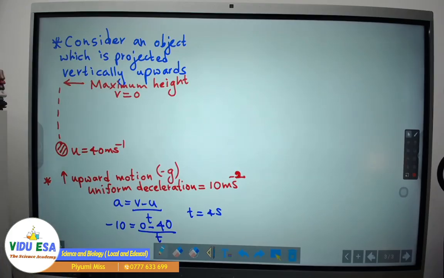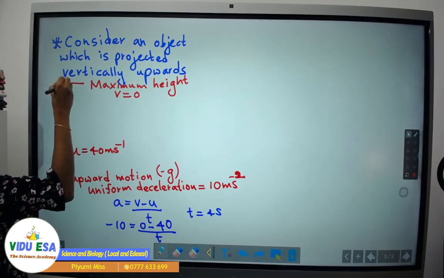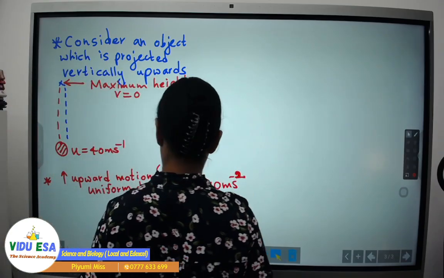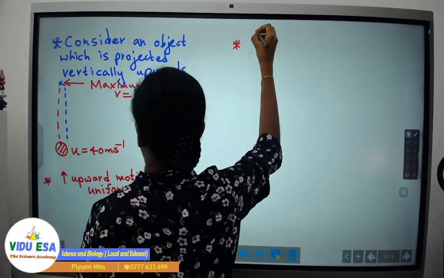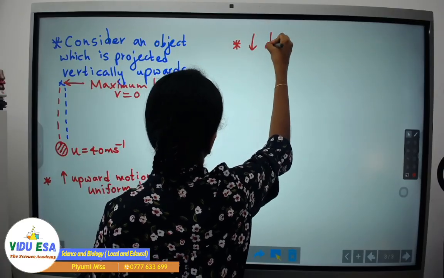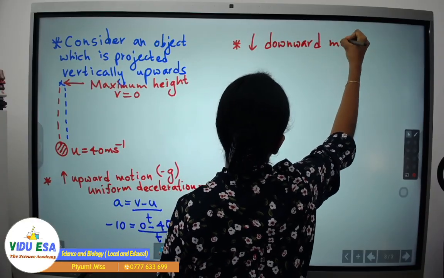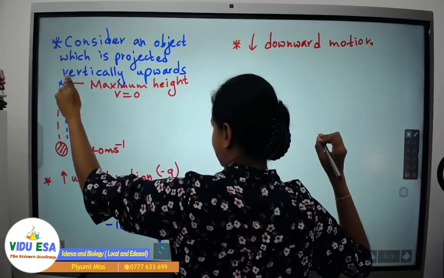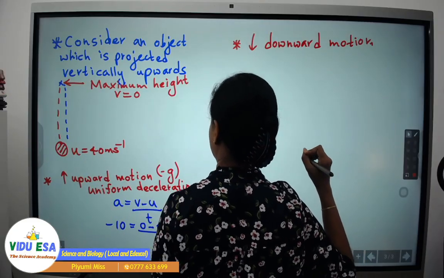Right? Then, after reaching the maximum height, it will return. It is moving down. So, the downward motion starts from 0 and velocity increases by 10 m s^-1 in each second.